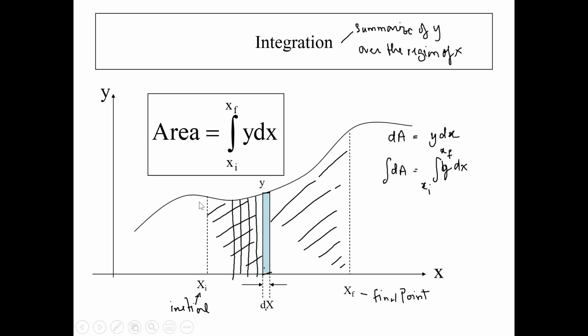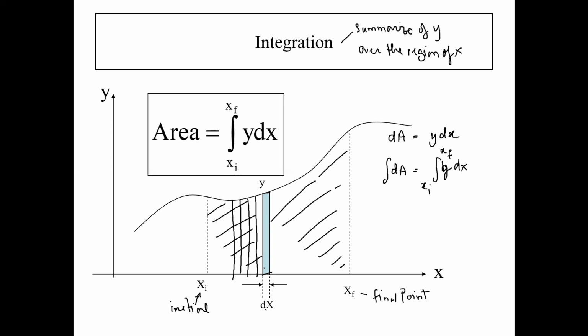Then from xi, the initial point, to xf, the final point, this graph has an area under it from xi to xf. And this area is called the integration of y.